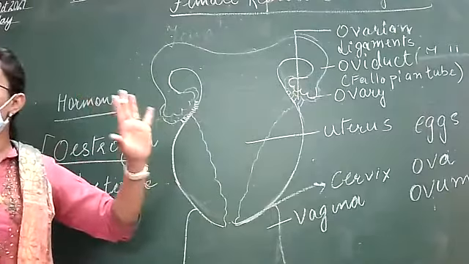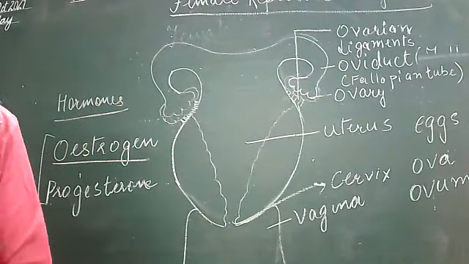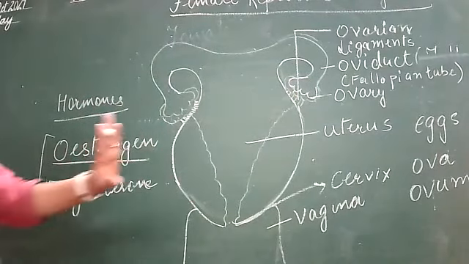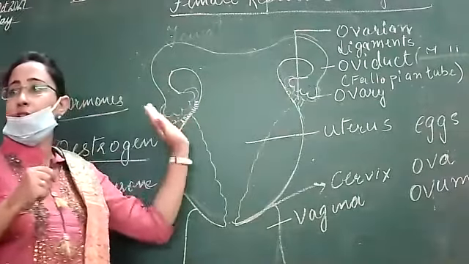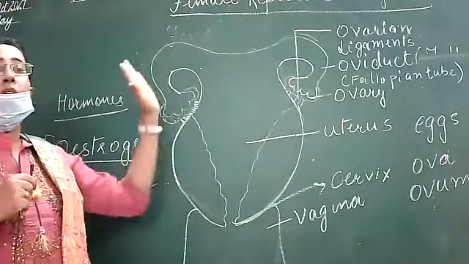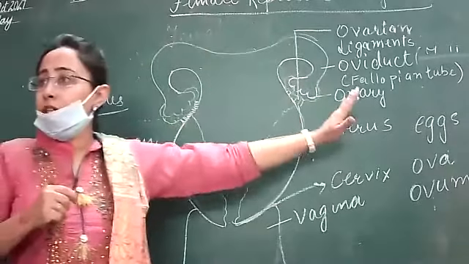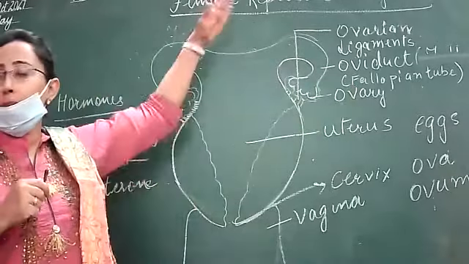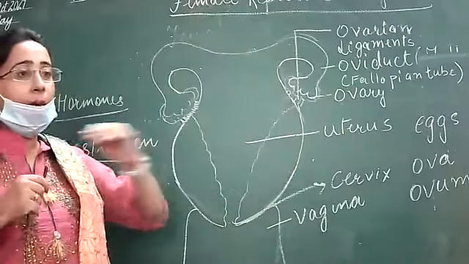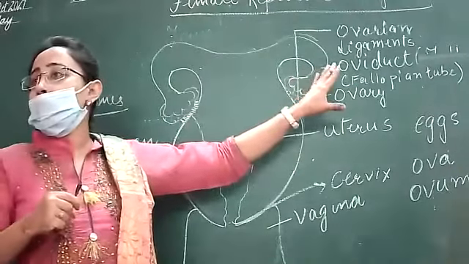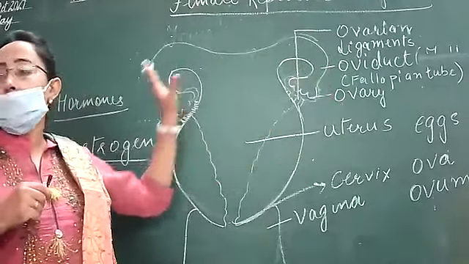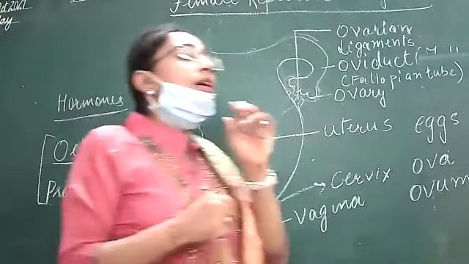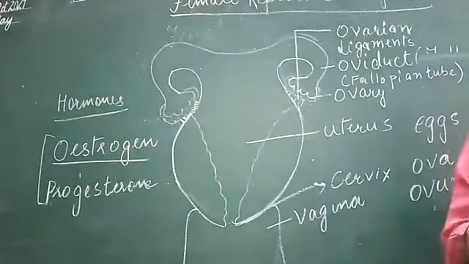So again, I am repeating the whole reproductive system of the female. You can see here there is a pair of ovaries. They are present in the abdominal cavity below the kidneys. So what is the function of the ovaries? To produce eggs. And this is also very important, beta.